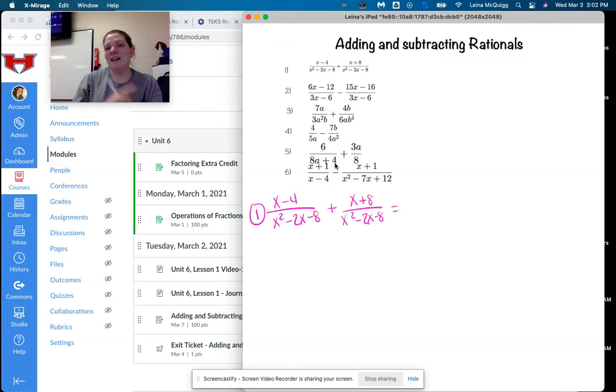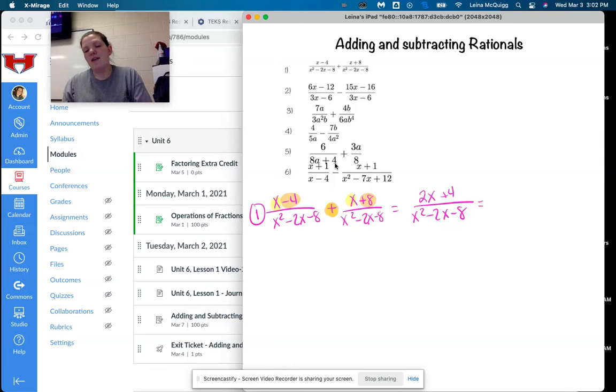I'm going to go ahead and add across the top. So I have x plus x, which means that is going to be 2x. And then I have negative 4 plus 8, which would be plus 4. And this is all going to be over x squared minus 2x minus 8.